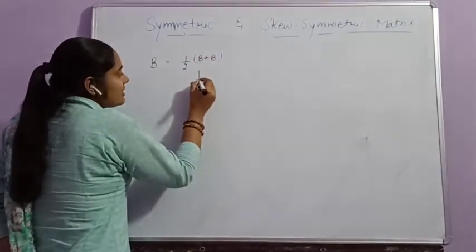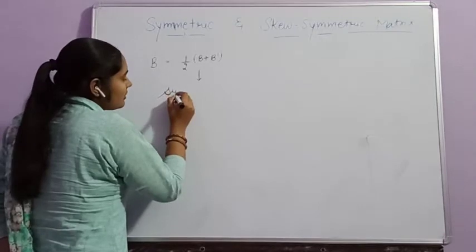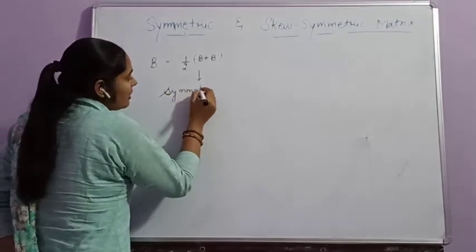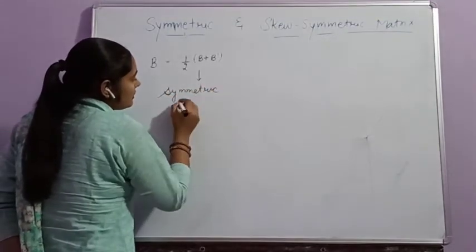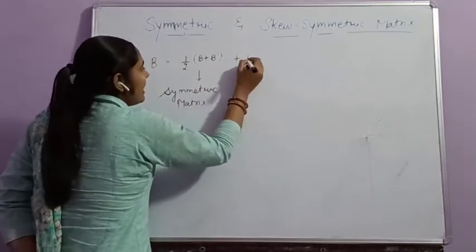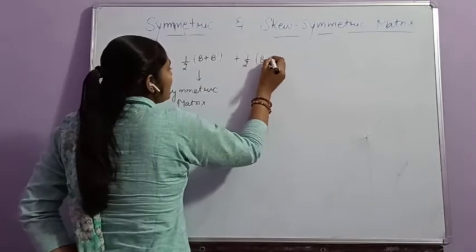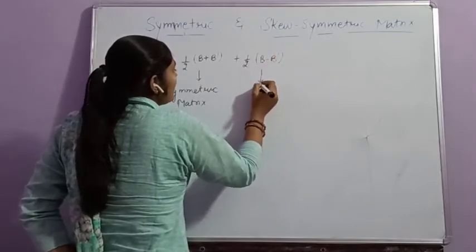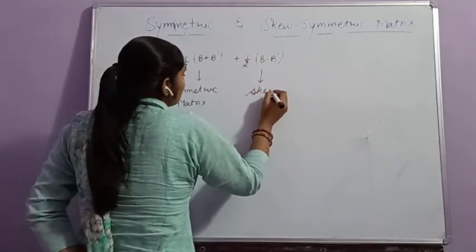That will be the symmetric part. Plus half of B minus B transpose, that will be skew symmetric.